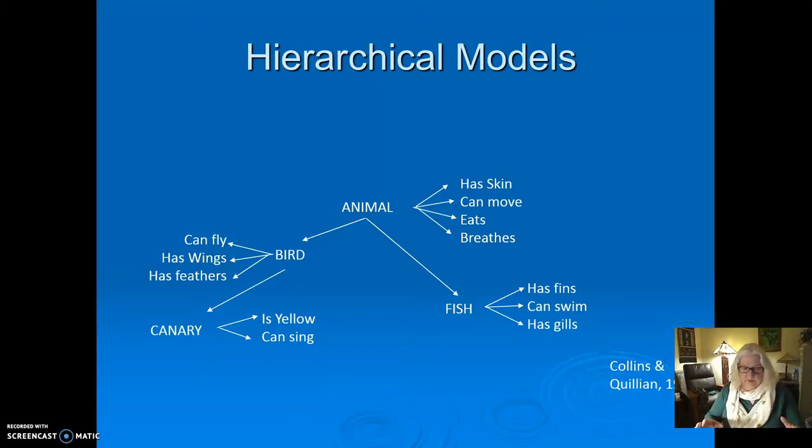We remember things kind of on the fly. When I say, tell me about a canary, it's not that you're going to go to the sentence here and tell me in a memorized format the sentences that you've learned about a canary. You're going to think about it and say, well, a canary is a kind of bird, and it flies and has feathers, and the feathers are yellow.